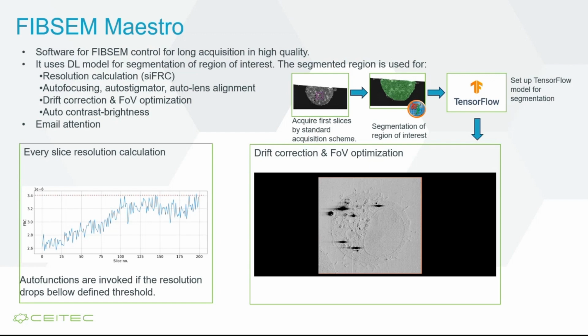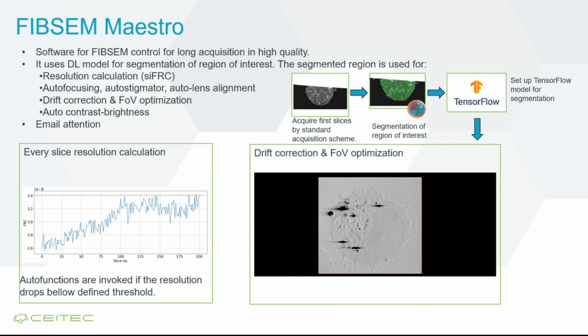Then you segment your region of interest in your favorite segmentation tool, mine is MIB, and you train your model, deep learning model or whatever model, and export it. Maestro, yeah, it's called FIB-SEM Maestro because it is Maestro in cryoimaging, and Maestro will use it for segmentation on each acquired slice.